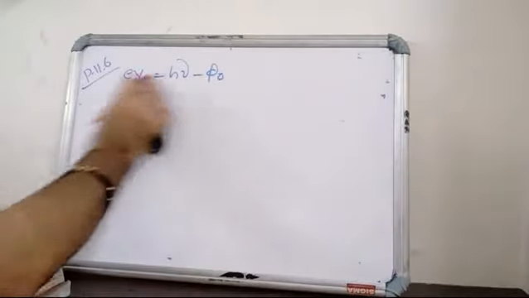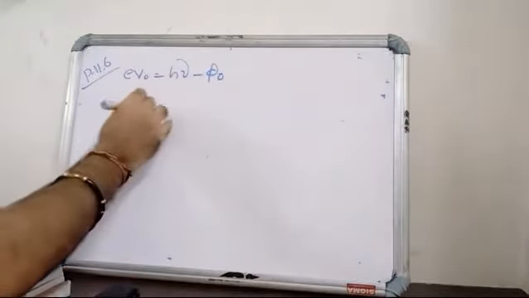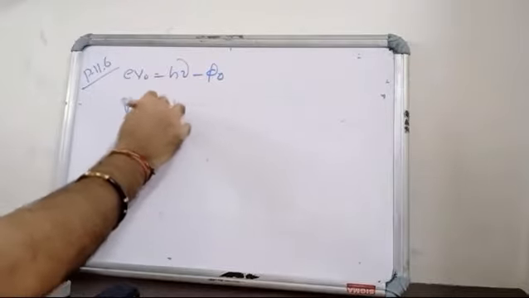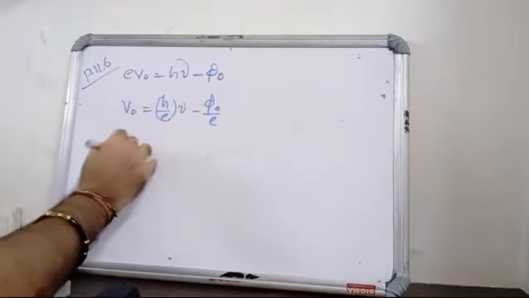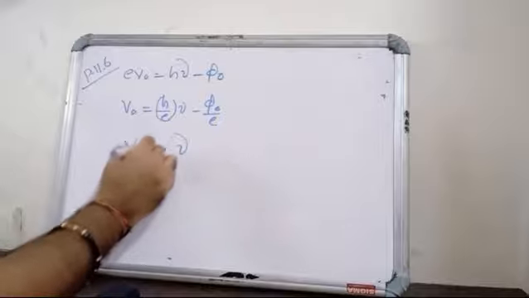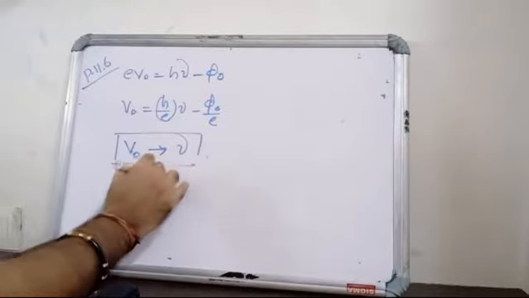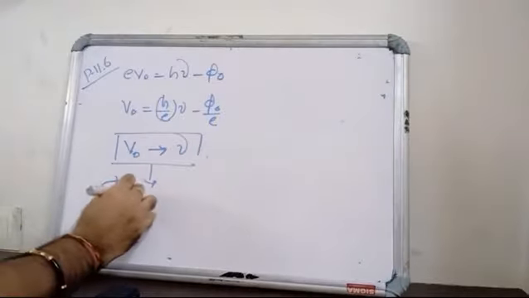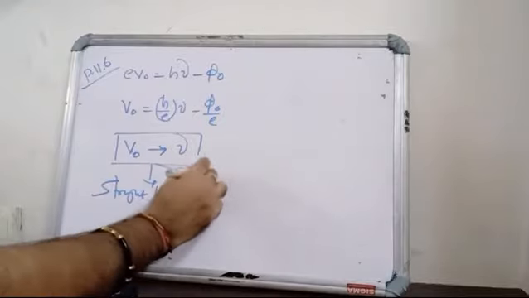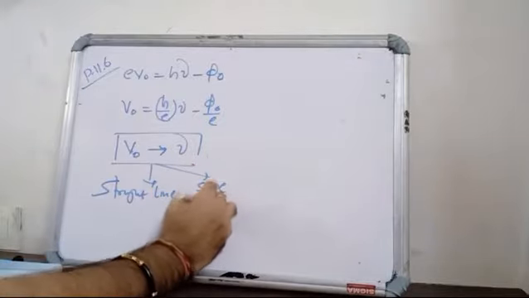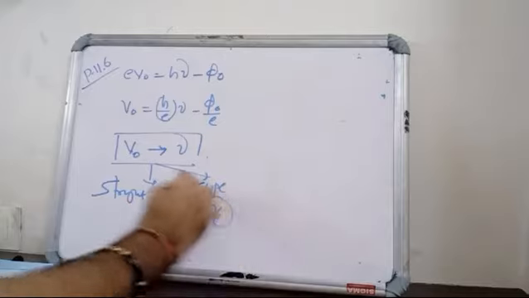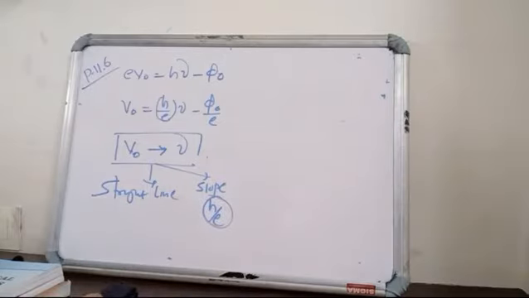Make V0 the subject, right? So it is h by e nu minus phi 0 by e. So the graph of stopping potential versus frequency is a straight line and its slope is h by e. Yes or no? Its slope is h by e.